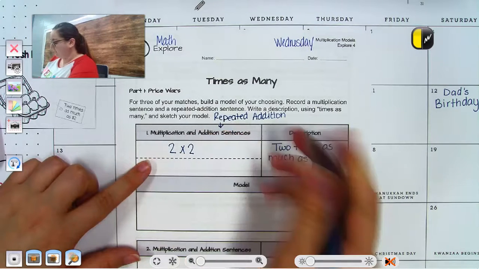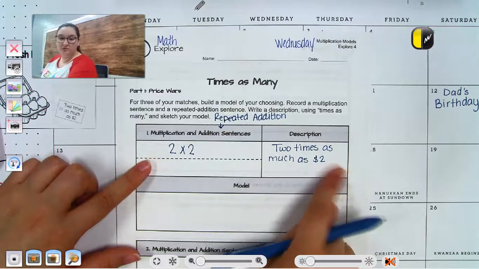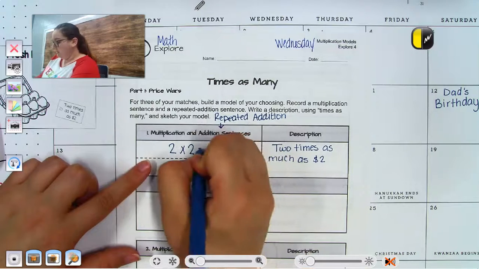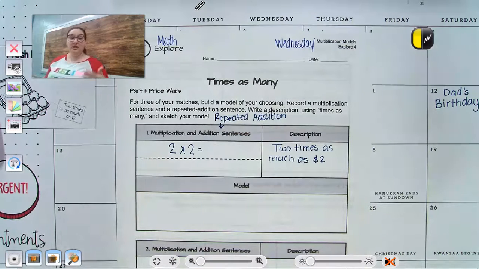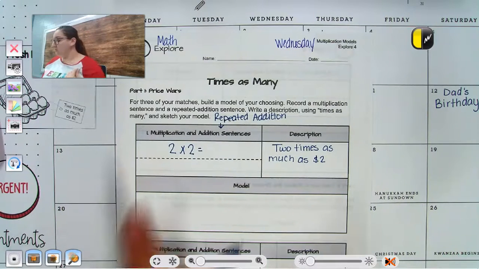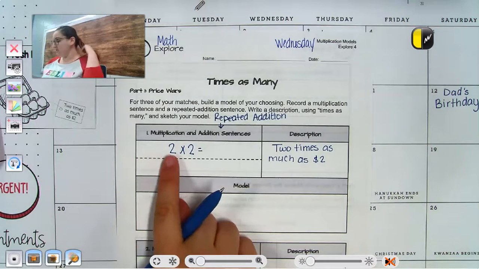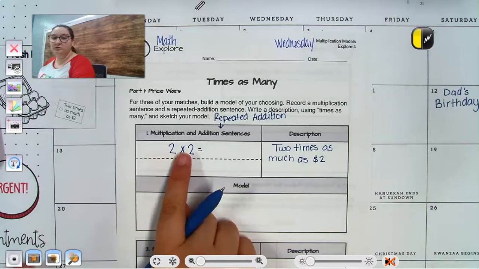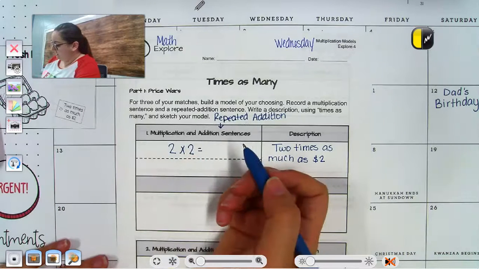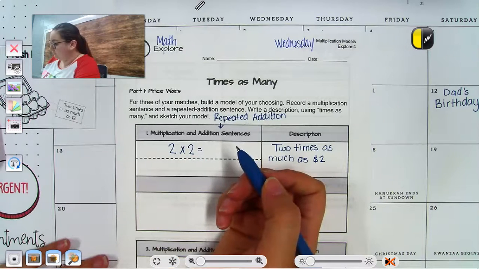That's all that means. So 2 times 2 equals, and if we don't know what 2 times 2 is, we can do the repeated addition. This is telling me that it is 2 groups of 2. So I have 2 groups and 2 is in each group.